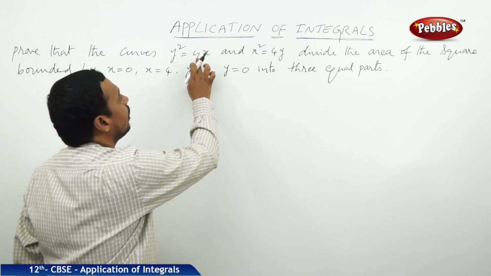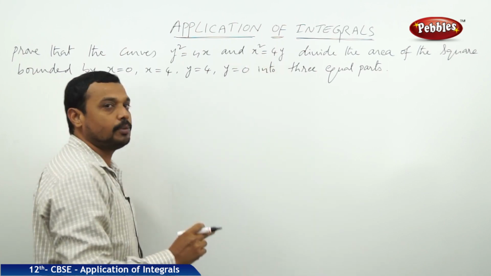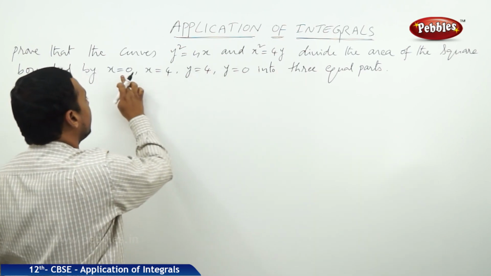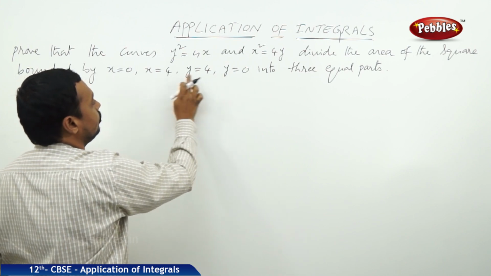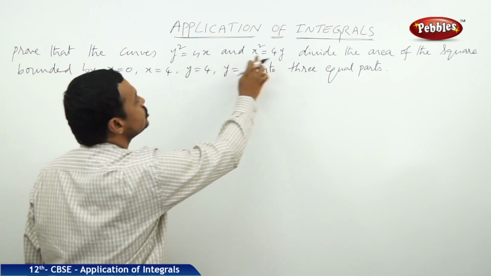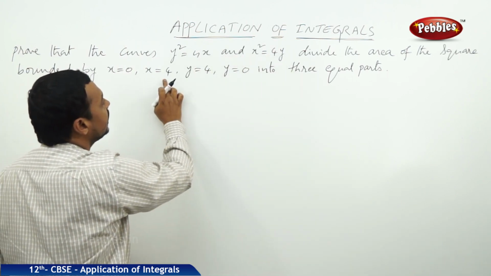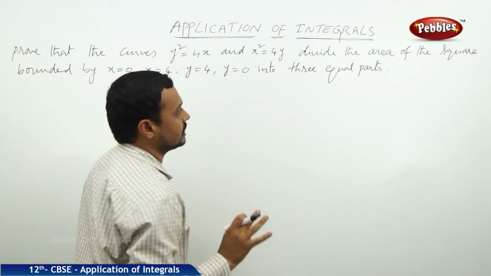So here there are two curves, y square is equal to 4x, x square is equal to 4y, both represent parabolas, and there is a square formed by x is equal to 0, y is equal to 0, x is equal to 4, y is equal to 4. Now these two curves are dividing the area of the square formed by these lines into 3 equal parts.